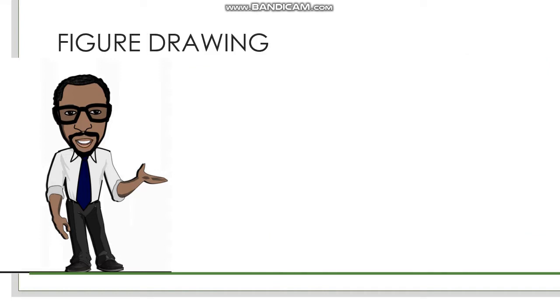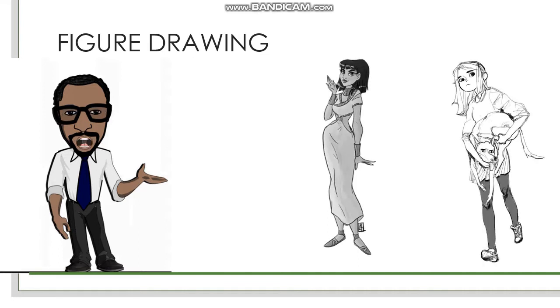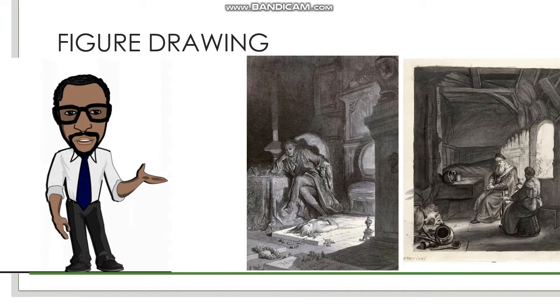Next, we have our figure drawings. These items are done in dry media, identifying the body in any pose or posture, whether illustration as seen in cartoons or drawings as seen in documentations of a place, person, or thing.